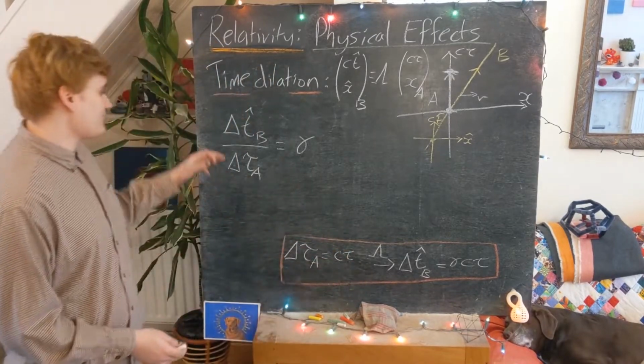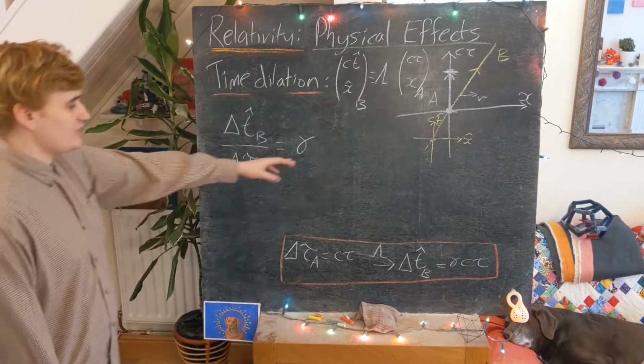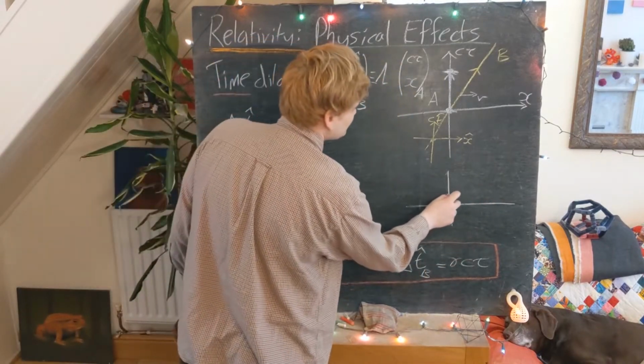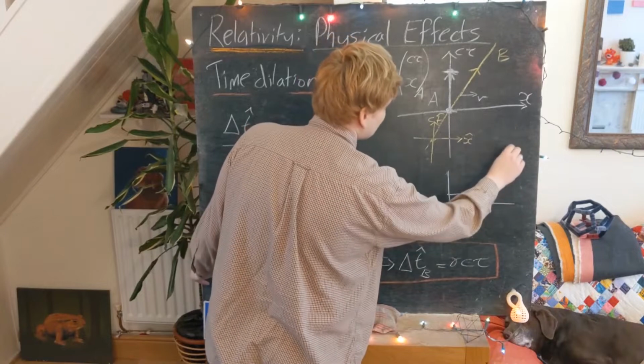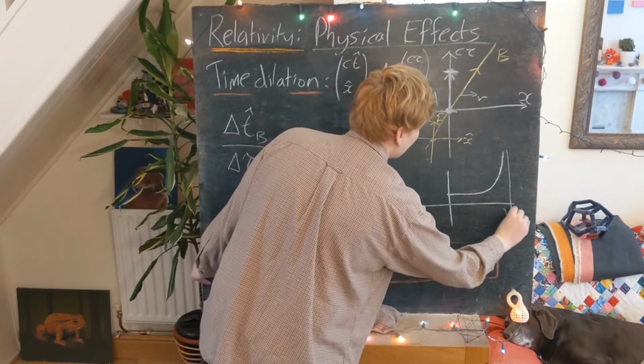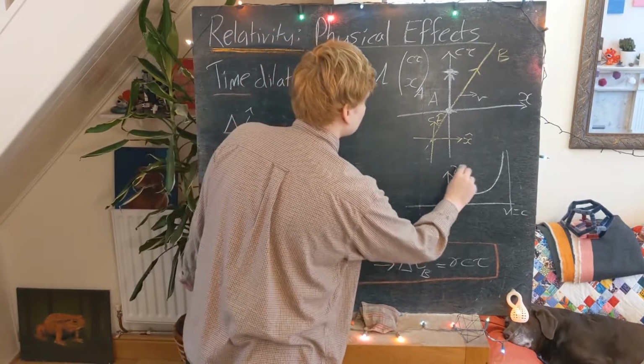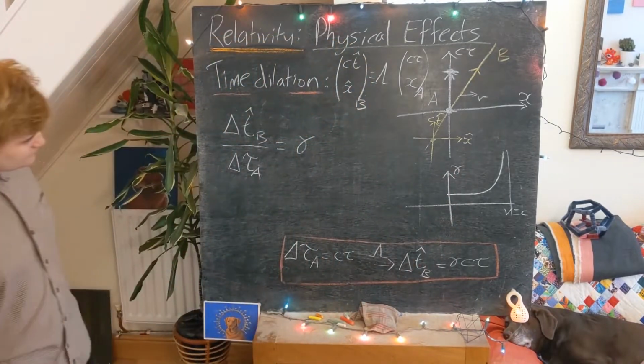And so this is really how we can understand this gamma factor in terms of time dilation. We know that gamma as a function starts at 1 and then increases up to infinity as we approach v equals c. So this was the Lorentz factor.